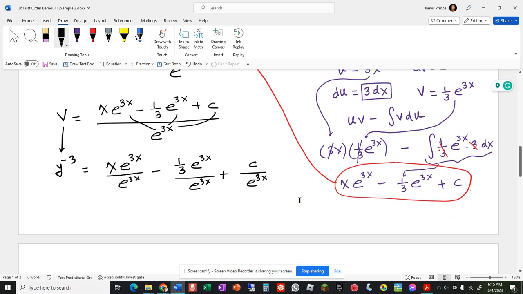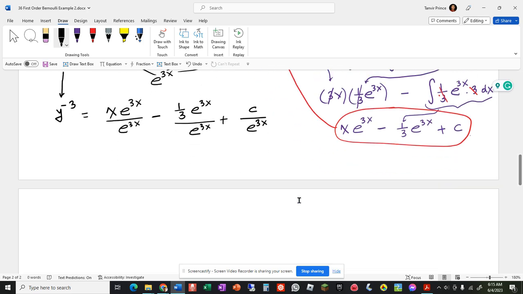Very good. So if I rewrite this, I'm going to cancel. So I can do some cancellation here. So I end up with y to the power negative 3 equal to x.